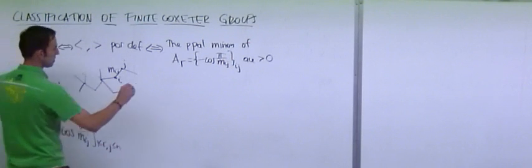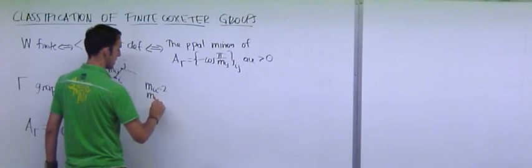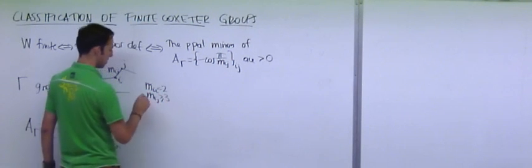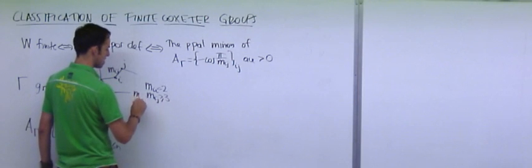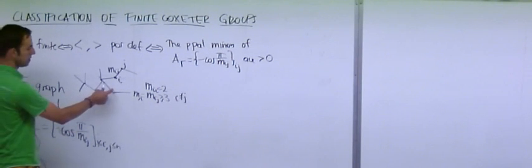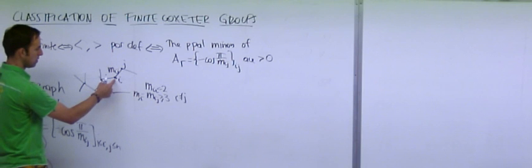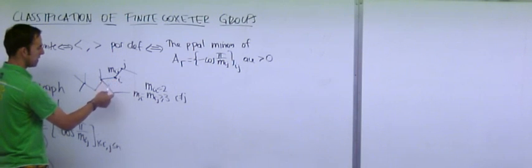And remember, the conditions are that mii is 2, mij is greater than or equal to 3, and it's equal to mji for i not equal to j. And we agreed that if there is no edge between two vertices, that means that mij is 2.